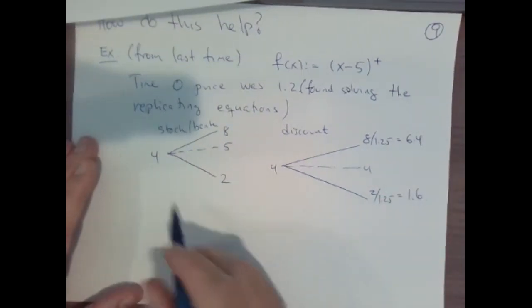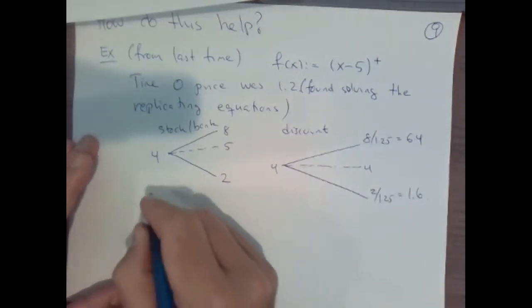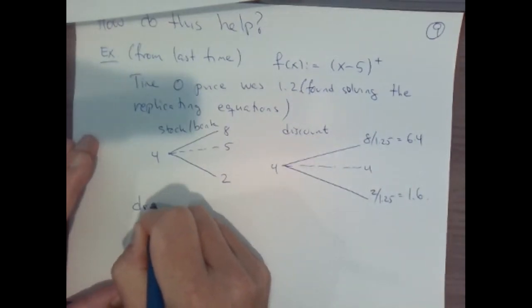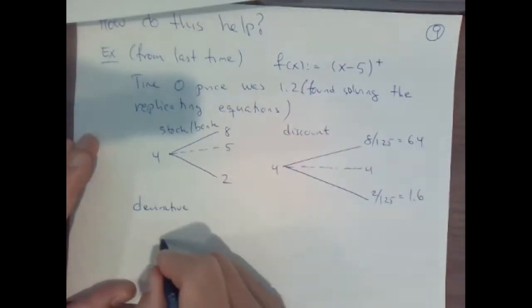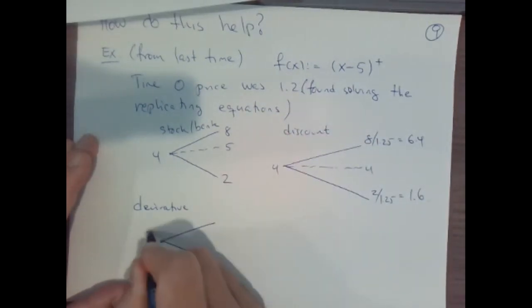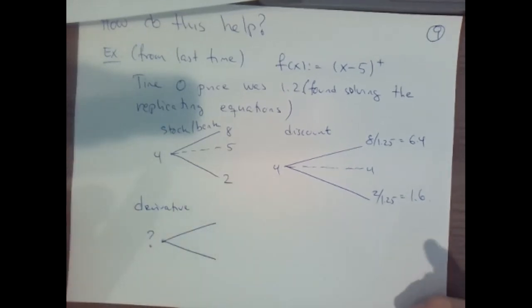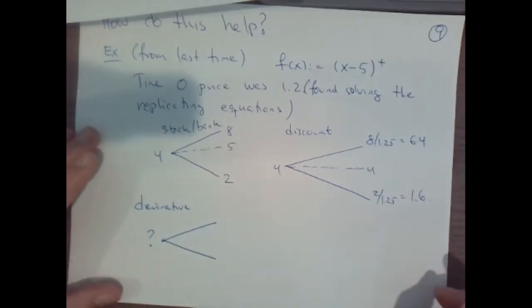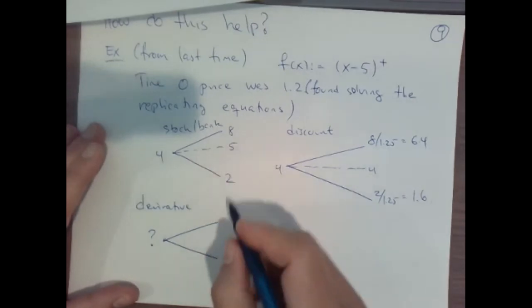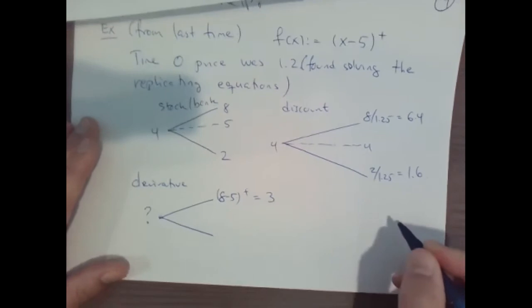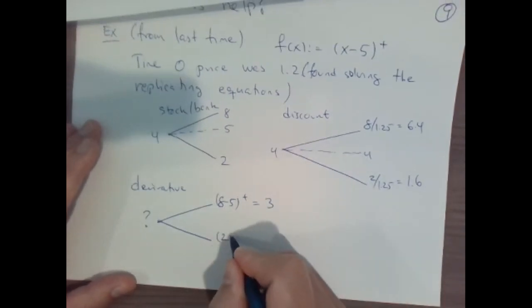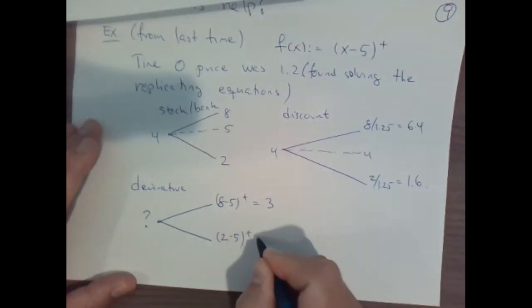Okay, and then we're looking at the derivative pair. So here it's the call. And the call is going to be 8 minus 5 positive part. This will be a 3. And down here it's 2 minus 5 positive part.